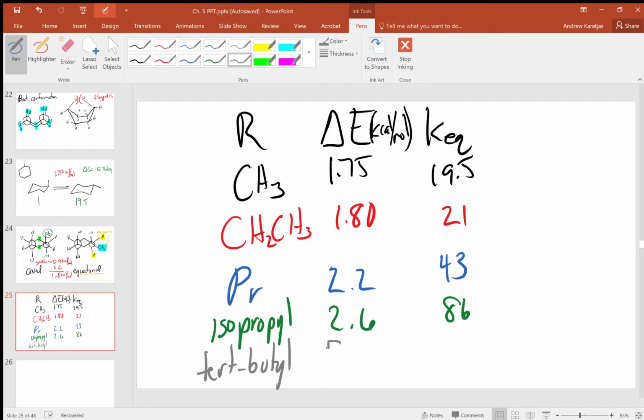The tert-butyl gets us up to 5.5 kcals per mole and a ratio of almost 12,000 to 1. In fact, you may read in some places that they say that the tert-butyl group is so big that it's essentially never in an axial position.